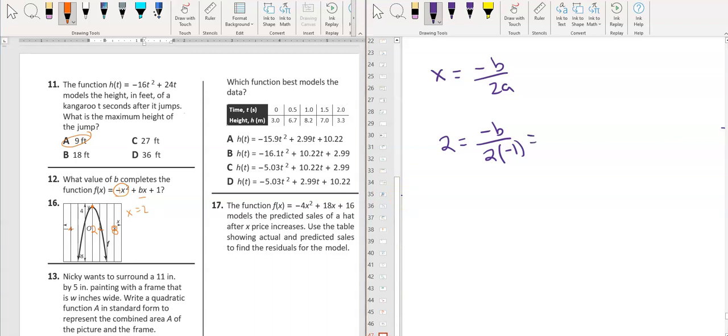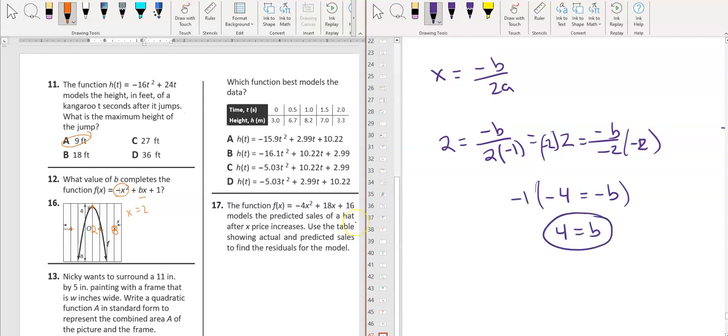And then I'm just going to solve. So I'm going to say, okay, this is 2 equals negative b over negative 2. I'm going to times both sides by negative 2, and I'm going to get negative 4 equals negative b. Times both sides by negative 1, and I'll get 4 equals b. And that is how my answer is 4.